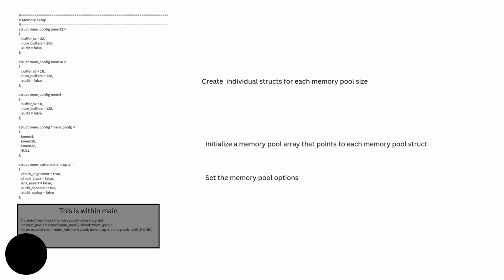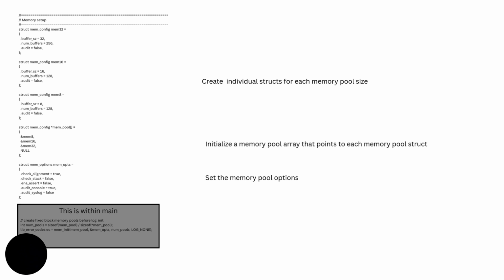This was the way that the initialization code would go through and take all of the information about that pool, allocate the correct amount of space, set up all the correct structs, and then place it into the pool. There's a separate struct here for the memory options. That was all the ones I talked about of checking the alignment, stack, asserting, and then the logging.